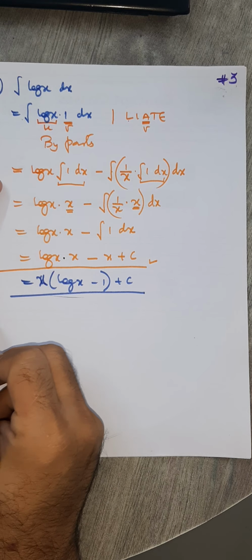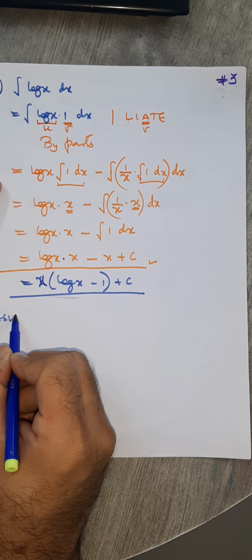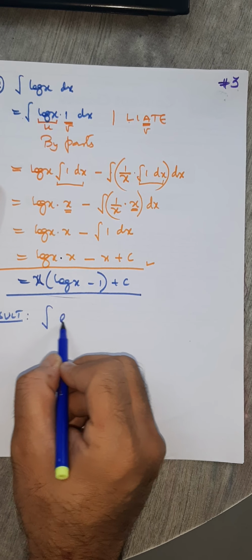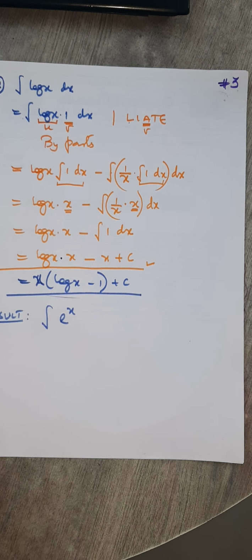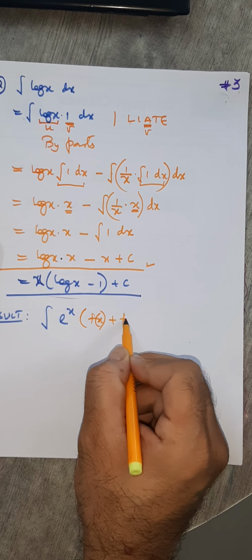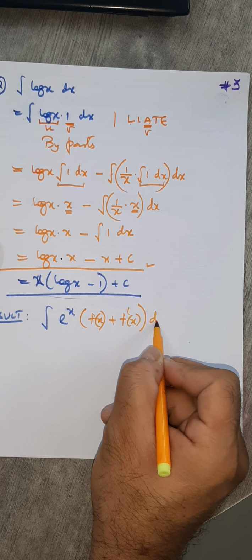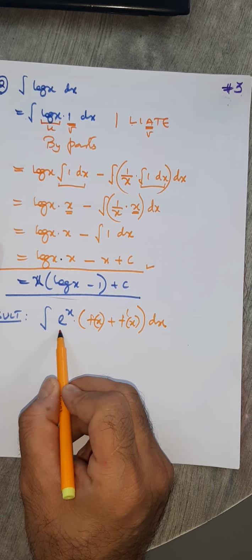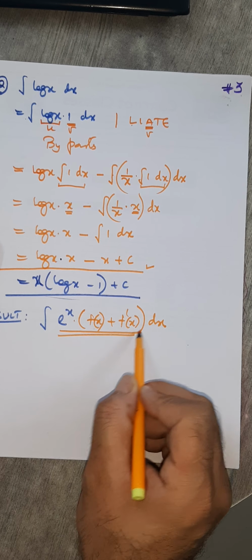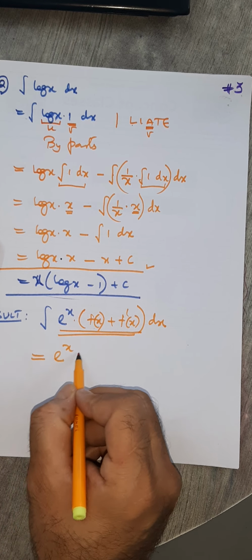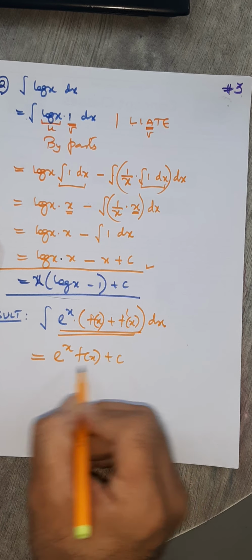Now here, based on this, we have one result. Let me write. So that says that integral of e raised to x, this is fixed, exponential function, remember, and inside the bracket, if you have function plus its derivative. I repeat, e raised to x into, inside the bracket you must have function plus its derivative. Then the integral of this expression is e raised to x into f(x) plus c.